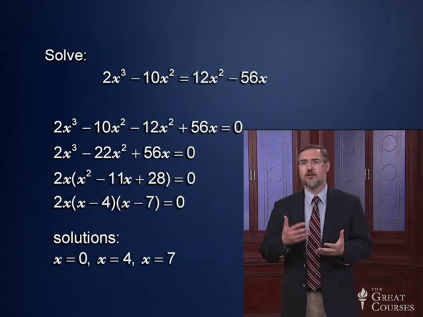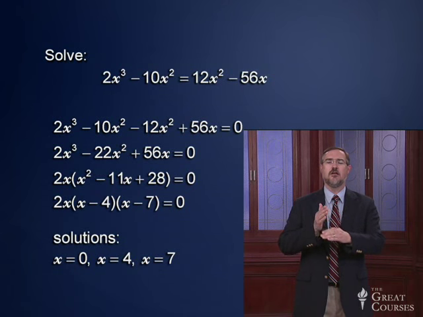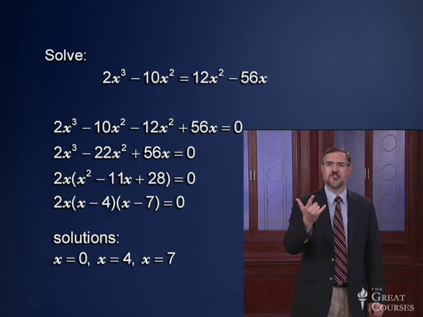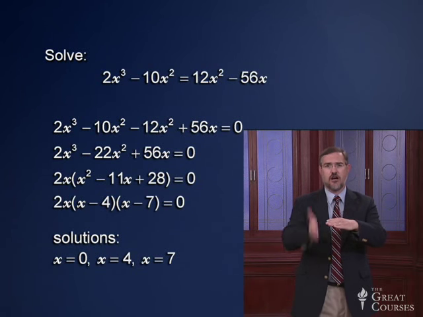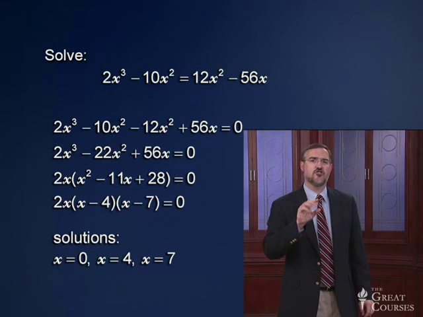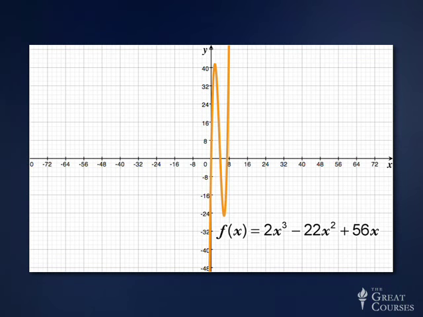And that means when I graph this polynomial and I look for those x-intercepts, I'll actually have 3 of them, at 0, at 4, and at 7, and they will all actually cross through. They'll cut through the x-axis at every one of those 3 points, not just touch the x-axis at any of those spots. And if you look at this graph, you'll see that's exactly what happens in this case.